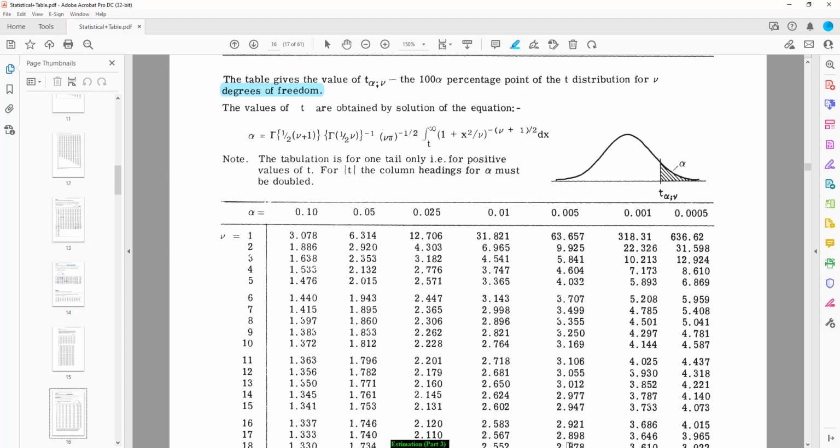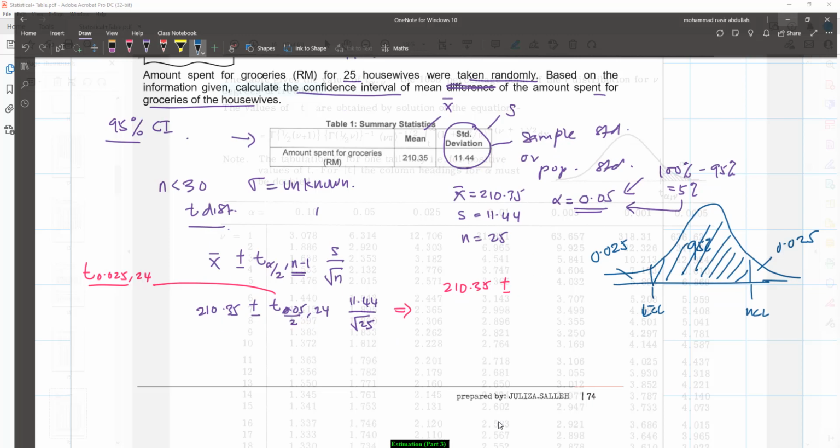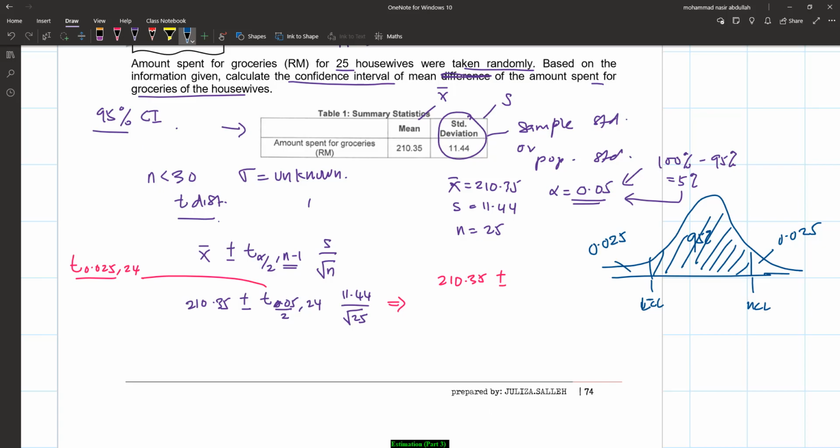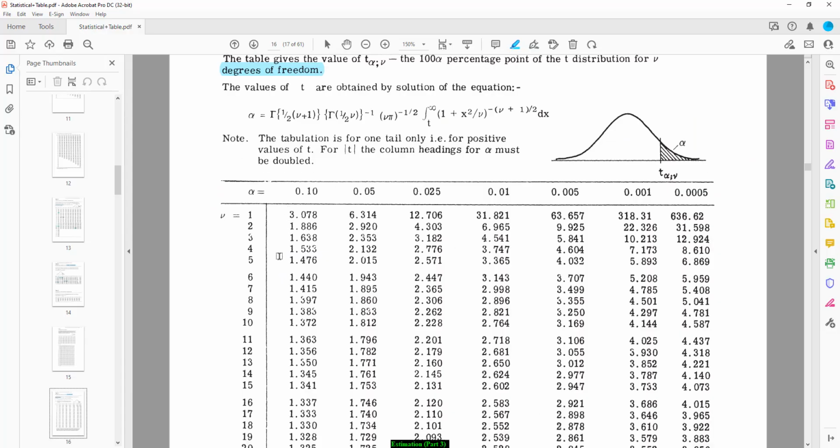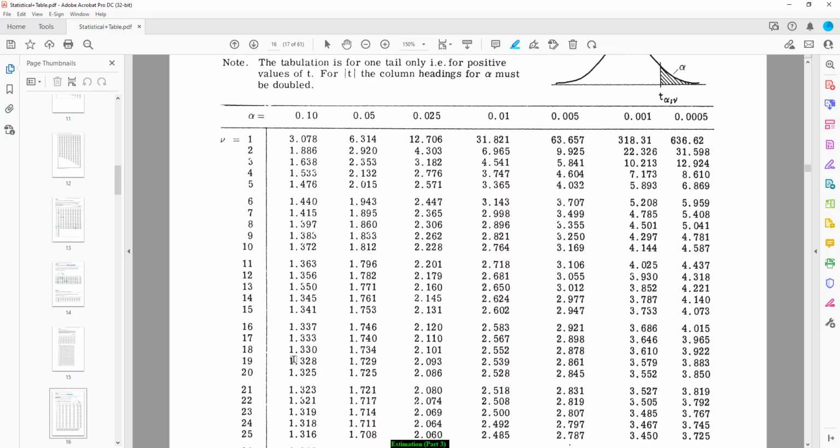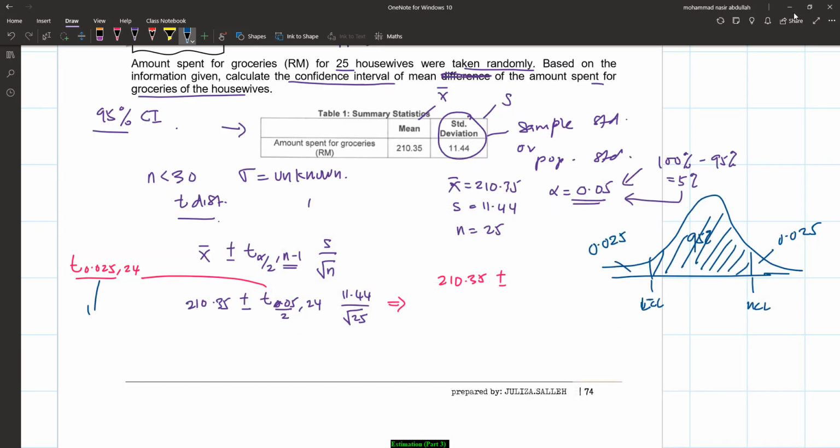Right? So our degree of freedom is 24. 24 kita cari kat bawah lah, 24. So this is the value of 24 and alpha 0.025. So then the value of T alpha 0.025 with the degree of freedom 24 is 2.064.